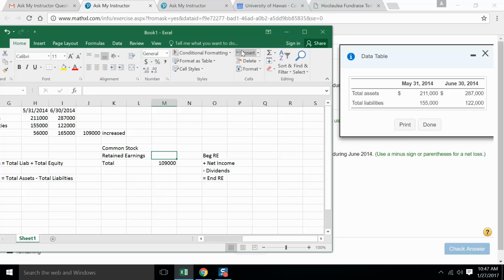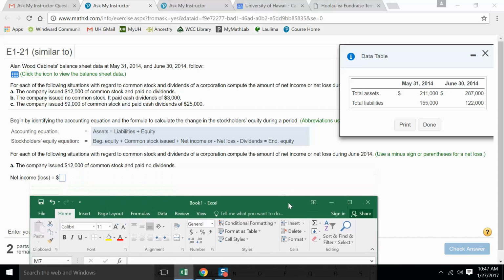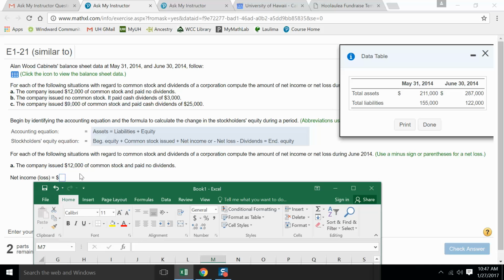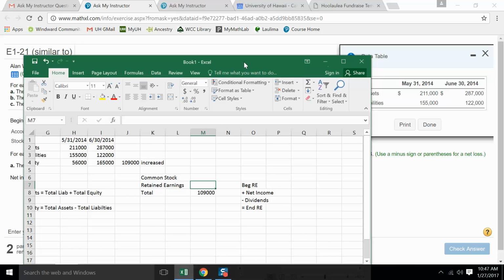And then your problem over here, it says that $12,000 of common stock was issued and no dividends were paid. So we can say of that 109, of that $109,000 increase, 12,000 was due to common stock increasing. So the rest of it would be due to the change in retained earnings.